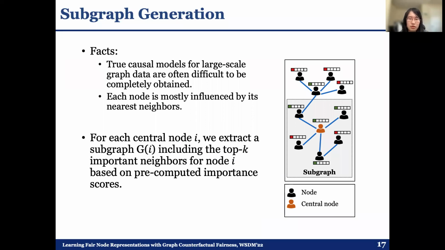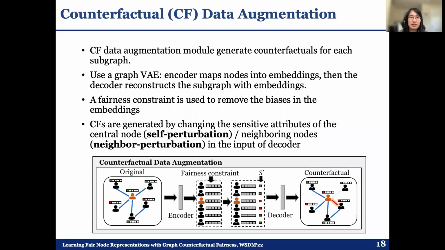So for each node, we consider it as a central node and extract a subgraph, including the top k important neighbors for this node based on a pre-computed importance score. So we can split the whole graph into many different subgraphs and improve the efficiency.